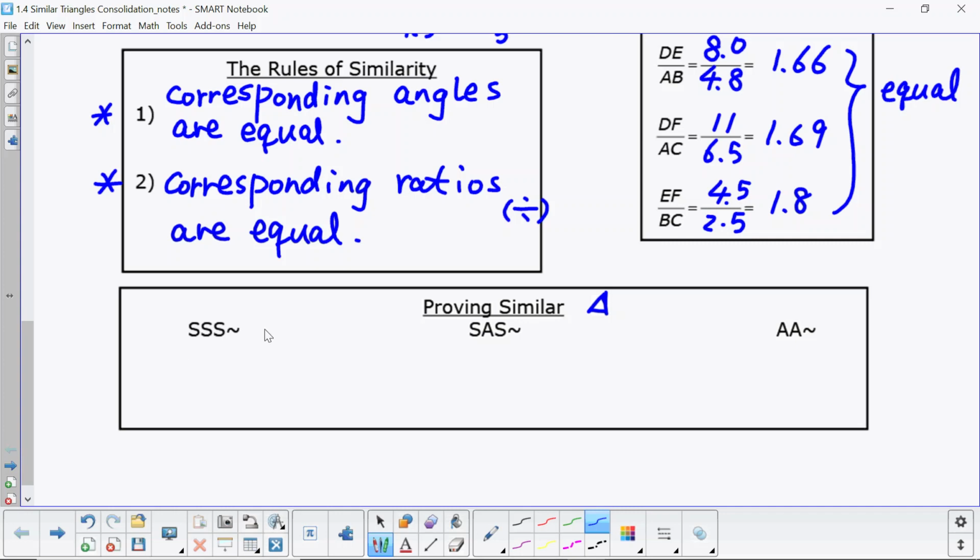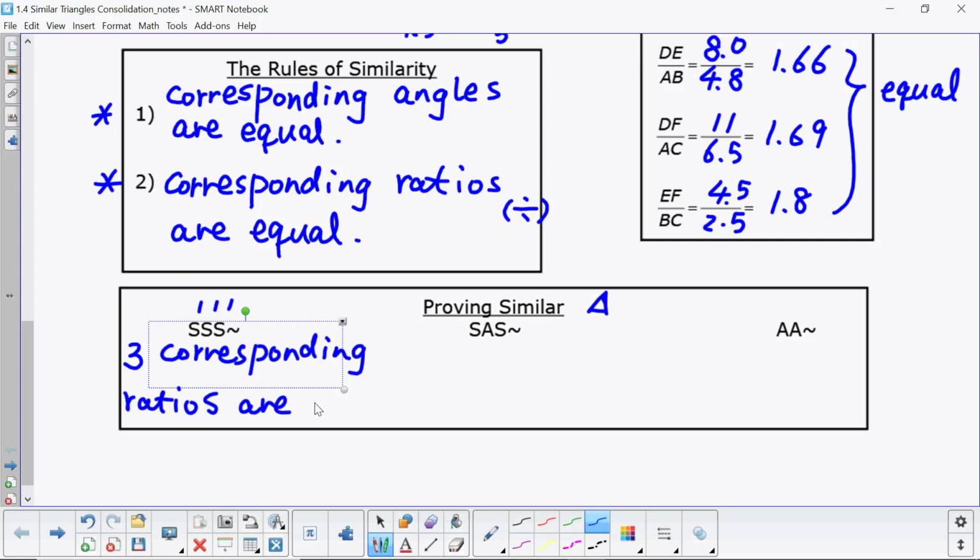So three corresponding ratios are equal. Corresponding ratios means sides divided by each other. If the ratios are equal, then for sure we know the two figures are similar.